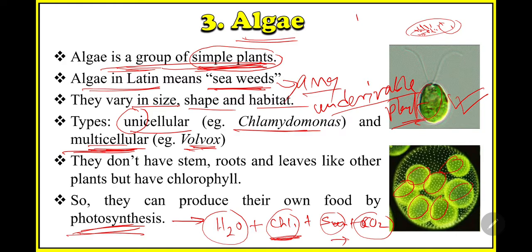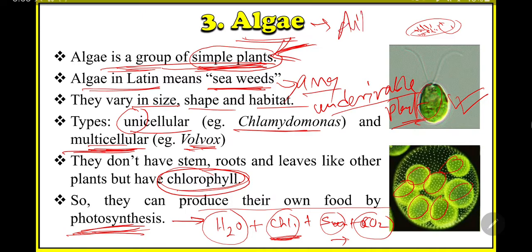As we are considering these as small plants, they will have chlorophyll, and because of this chlorophyll they can produce their own food and are known as autotrophs. What are autotrophs? Some algae are known as autotrophs.